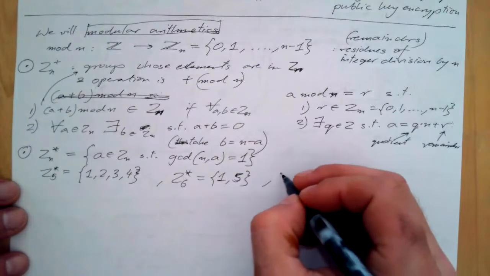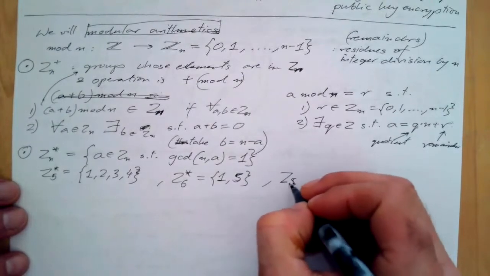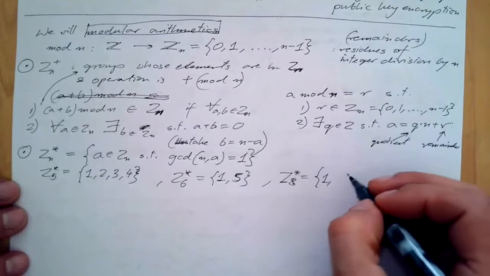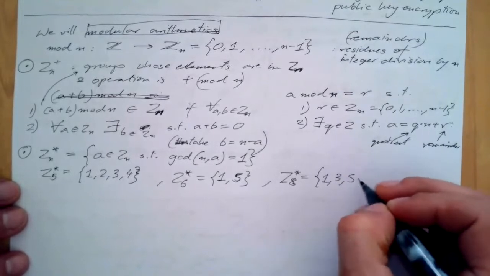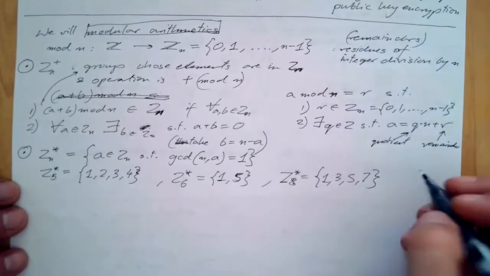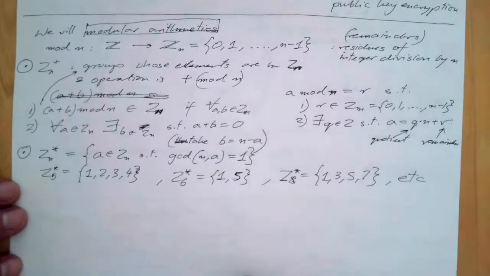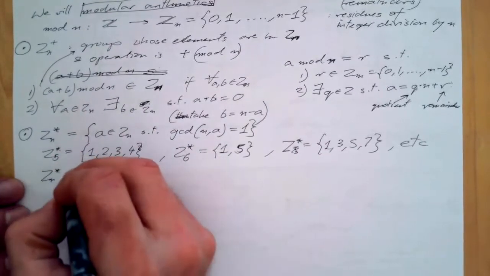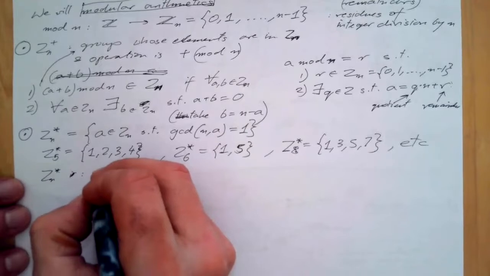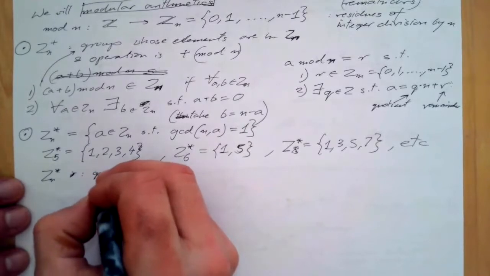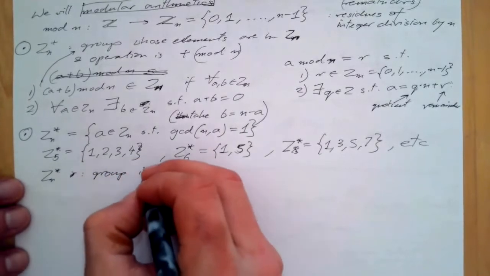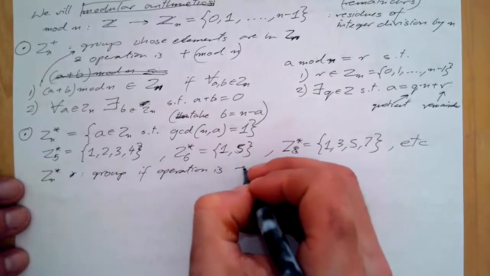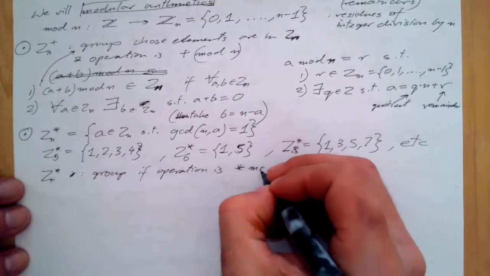So Z8 star, for example, will not have any even number, but all the odds remain. Okay, etc. Zn star is also a group if the operation is modular multiplication.